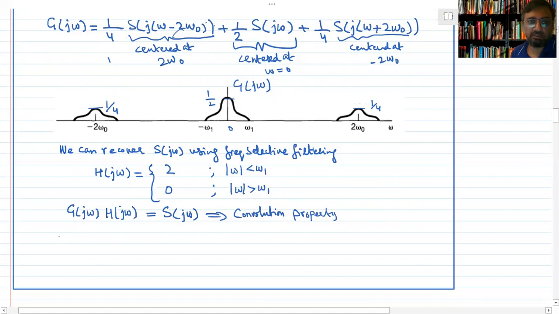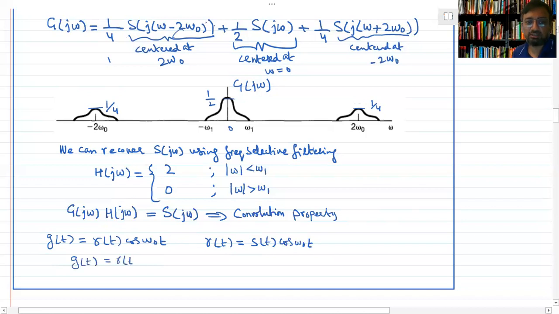And one last thing, we can think of the same operation in another way. Gt is Rt times cos omega naught t, where Rt itself is St times cos omega naught t. So Gt is St times cos square omega naught t.